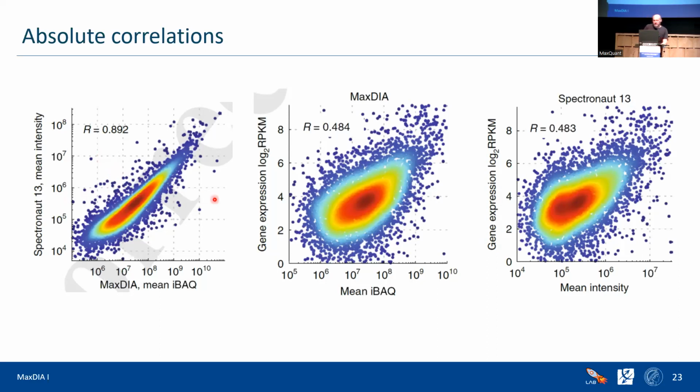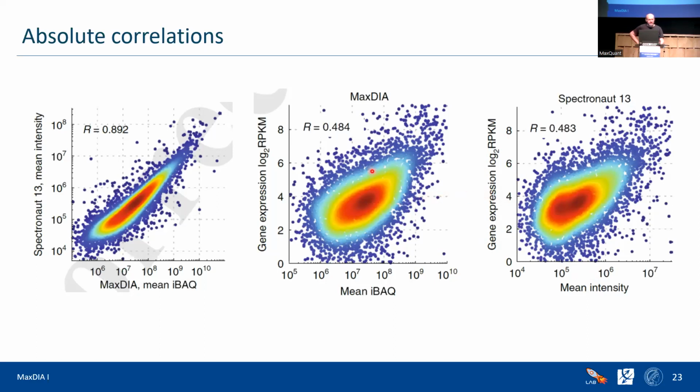Then we looked at iBAQ or Spectronaut intensity against RPKM from transcriptomics of the same cell lines, and it's not really strongly discriminating or favoring one.